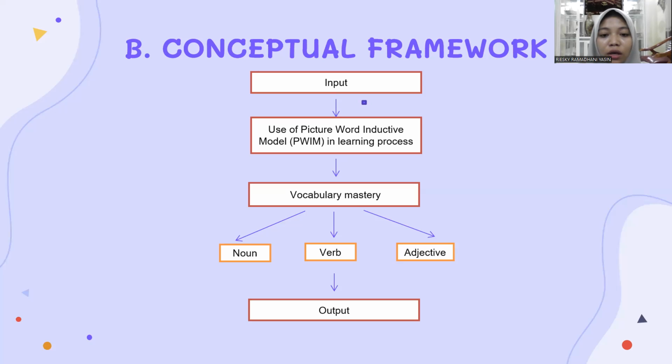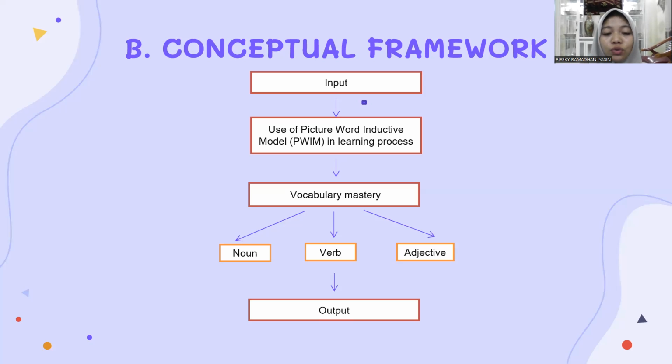Next is conceptual framework. According to the figure, this research consists of input, process, and output. In conceptual framework, input refers to giving material about vocabulary.